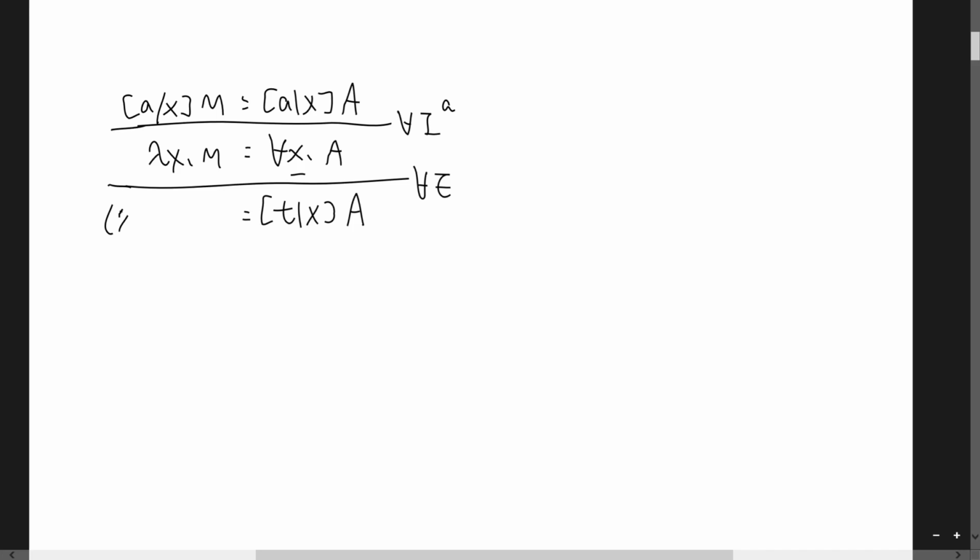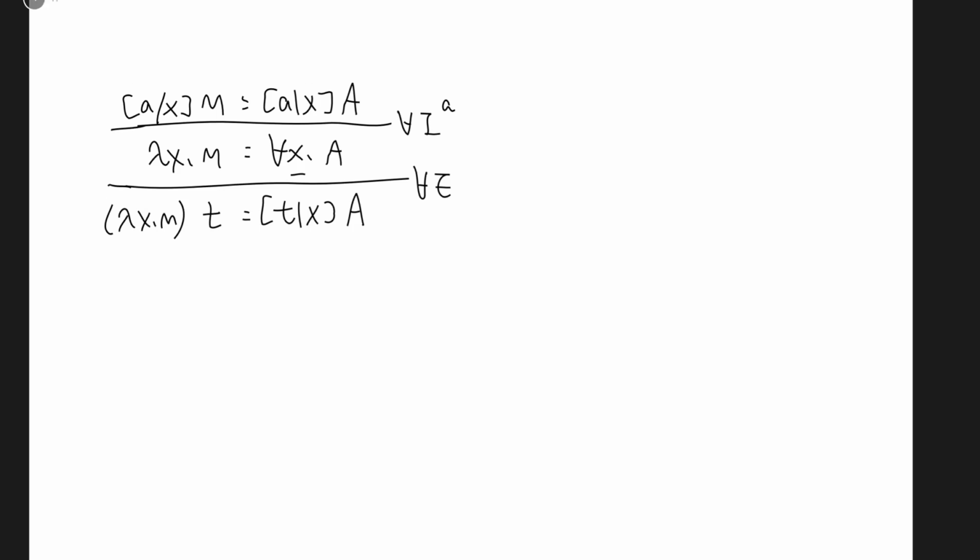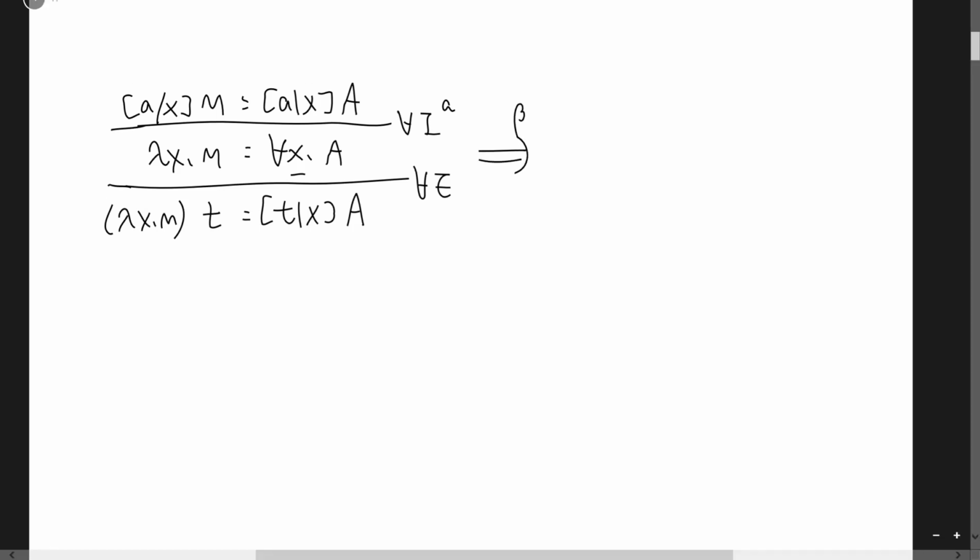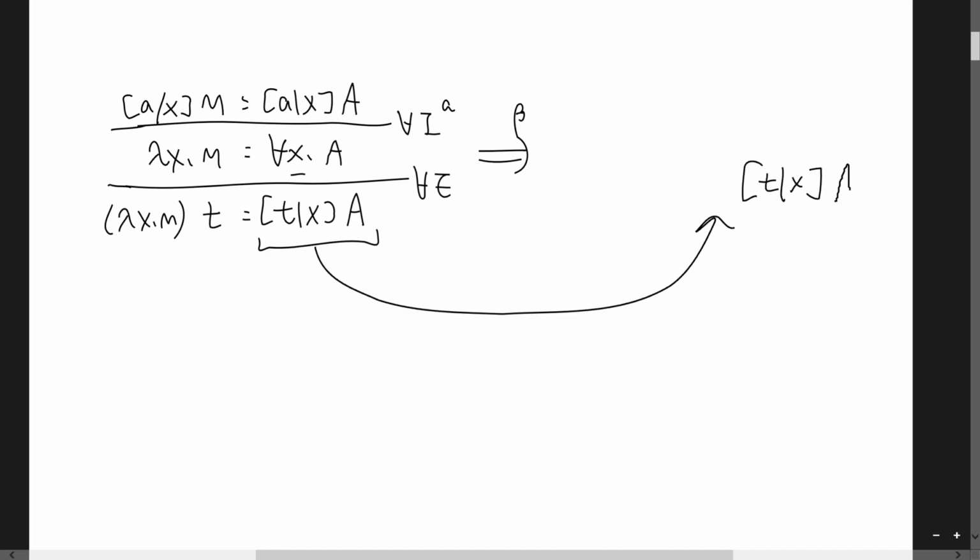And this one is lambda x m applied to its argument t. So the question now is, how can we better reduce this derivation tree? The goal is we'd like to find a proof term of the same type, but without taking this detour.